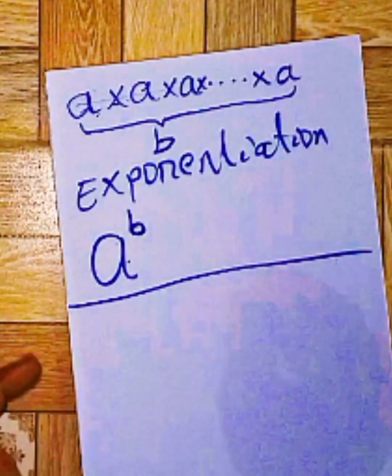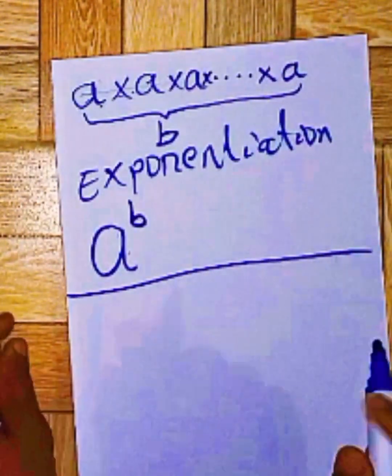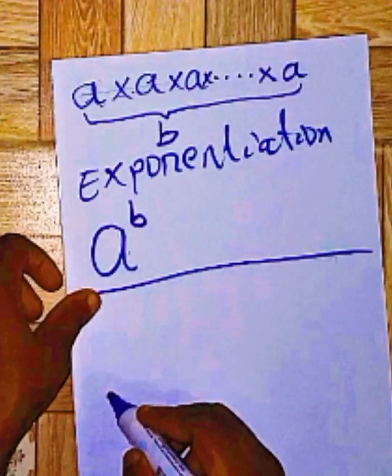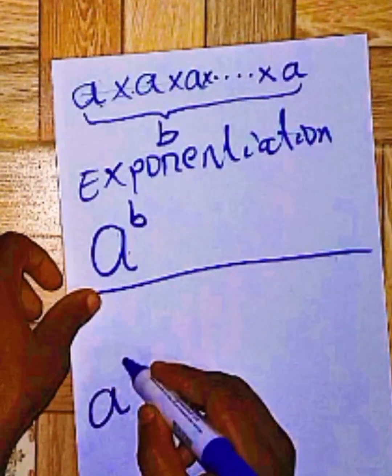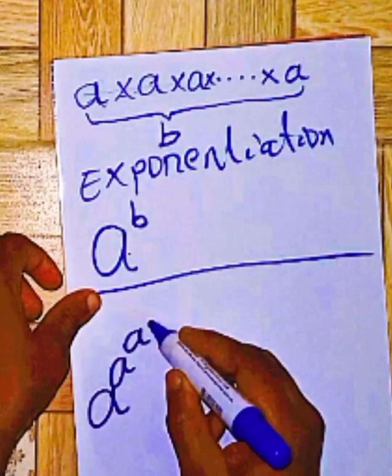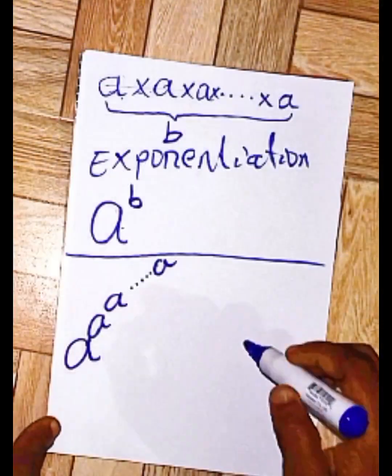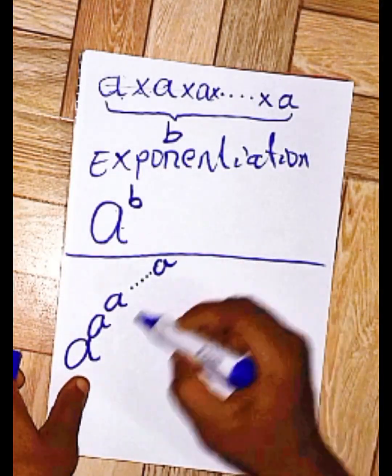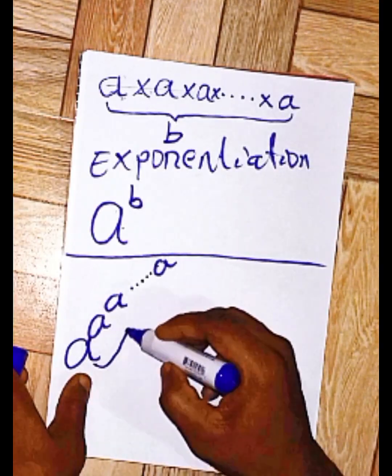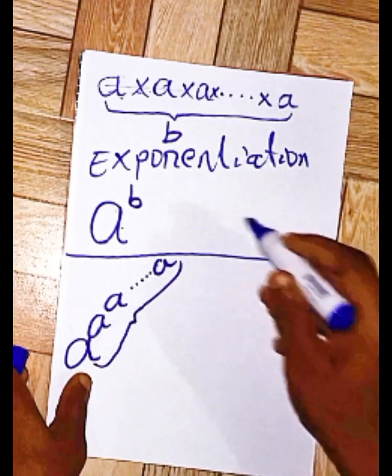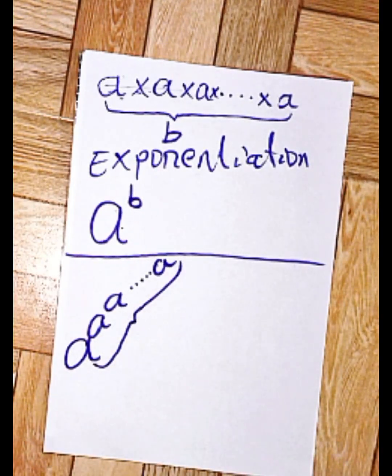But imagine for a while you are also thinking about repeated exponentiation. And if you also thought that, okay, if I do this and I want to also simplify it, can I simplify it? Yes, you are right. You can simplify it.